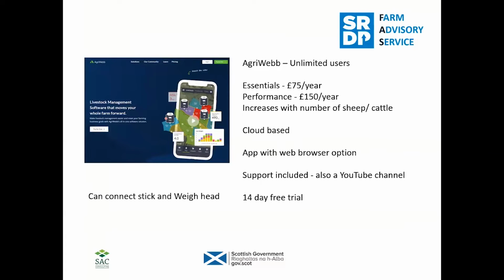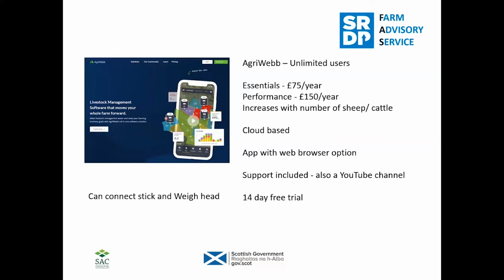First on the list here is AgriWeb. It allows an unlimited number of users. It has an essential package at £75 a year and a more comprehensive performance package at £150 per year. Those are minimum prices, and it increases depending on the number of sheep and cattle that you have on your holding.